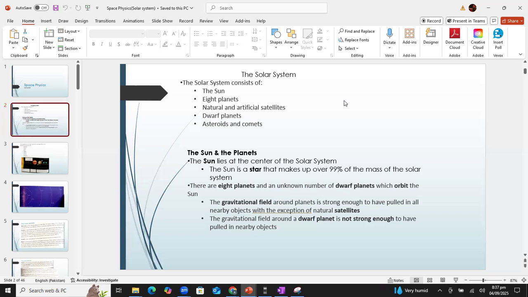Can anybody tell me what is the difference between orbital motion and rotational motion? Students, Sarim?